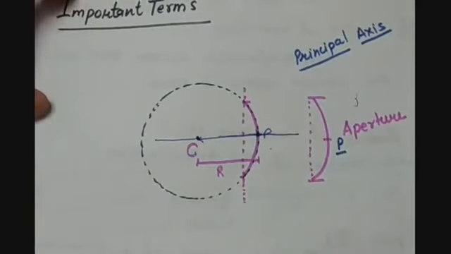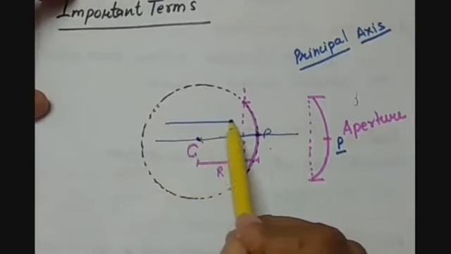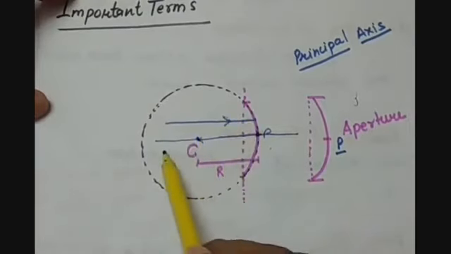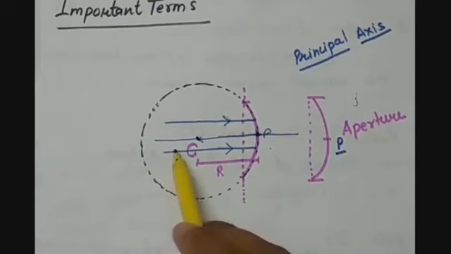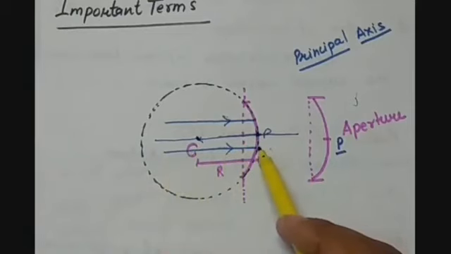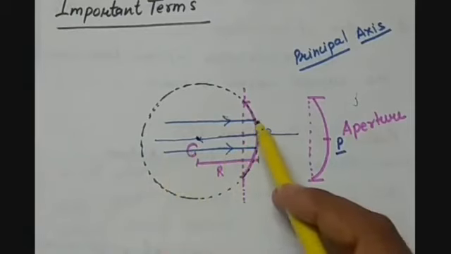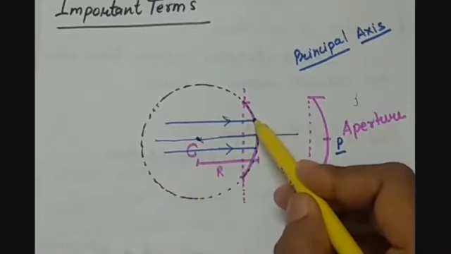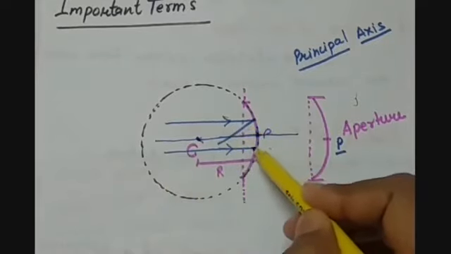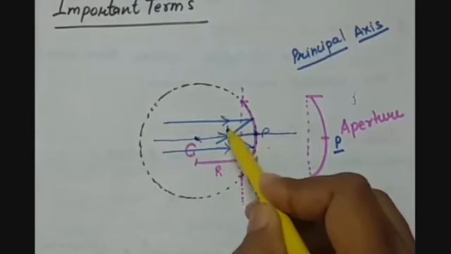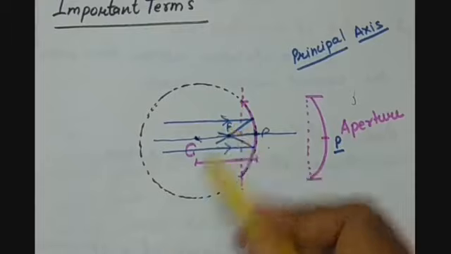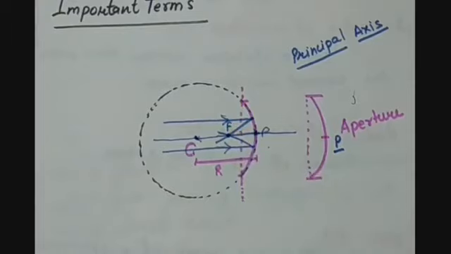Now, if the incident light is coming parallel to the principal axis and falling on the curved surface of the spherical mirror, then all the parallel rays coming to the surface will get reflected back and will meet at a point which is called focal point or principal focus.